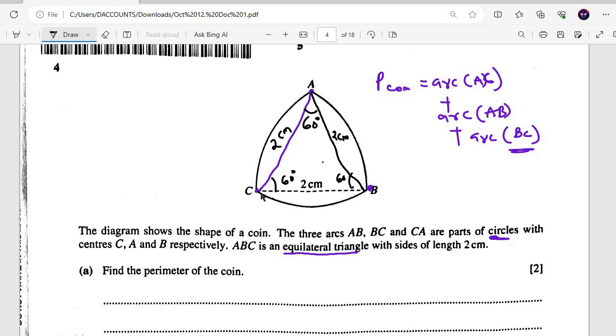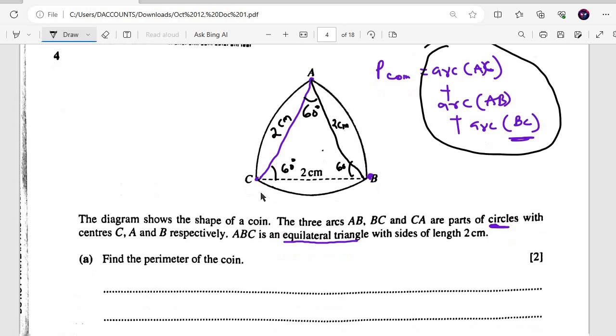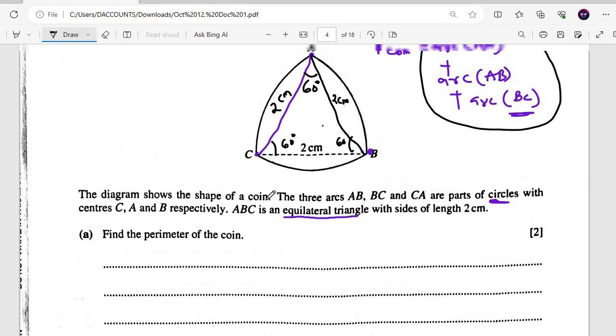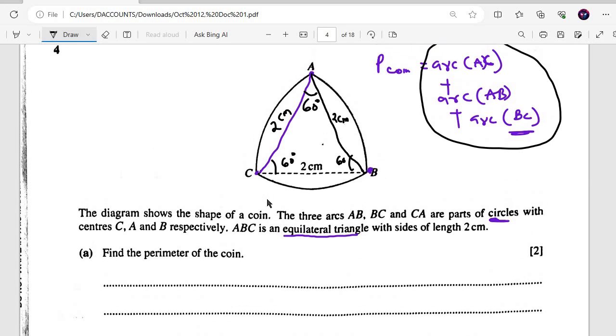Now, first find the perimeter of the coin. Indirectly, we have to add the summation of the three arcs. That's the meaning. For arc AB, when you check arc AB, can you see that? This is arc AB. This is the center for arc AB, from here to here.